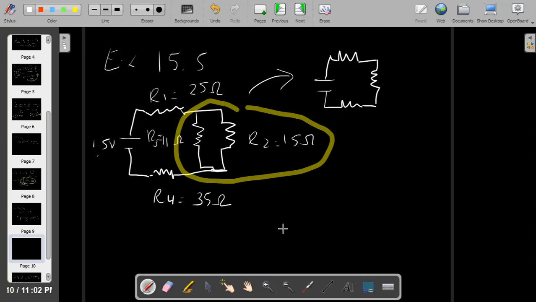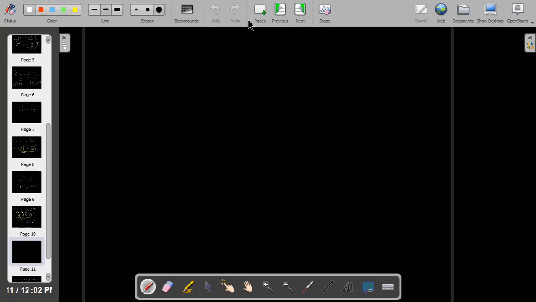So let's do that. Let's find the resistance total for this section right here. So R2 and R3 together. And these are in parallel. So you're going to calculate the resistance total for this section of your circuit by using this formula right here, however many you have. Let's calculate that resistance.